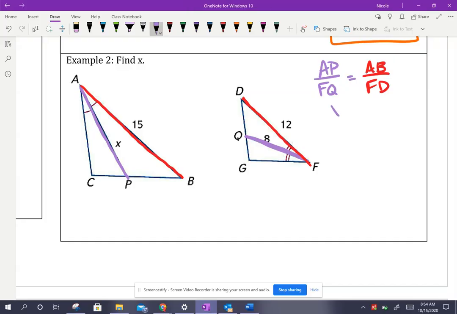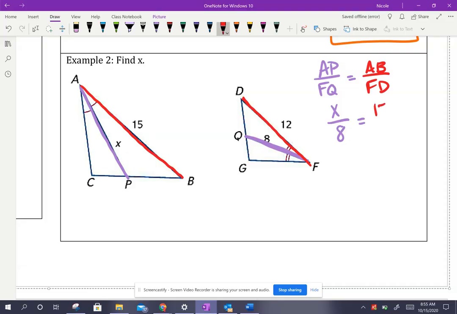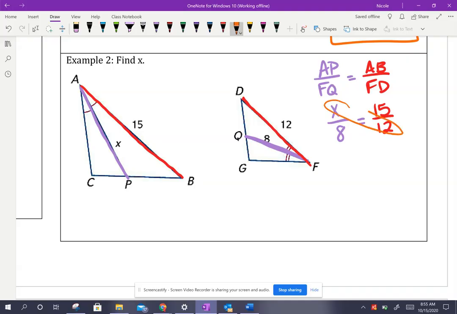So AP was X over FQ, which was 8. And we are going to set that equal to AB, which was 15, over FD, which was 12. And we will cross multiply. So we have 12x equals 8 times 15 is 120. And when we divide by 12, we get x is equal to 10.